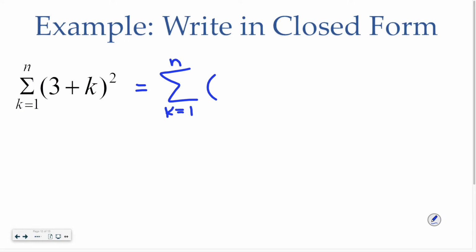So we have some factors that we need to distribute to each other. Okay. So we have 9 plus 6k plus k squared.